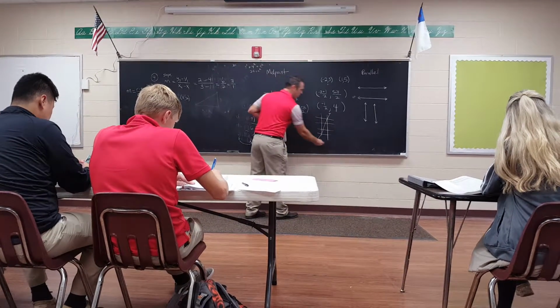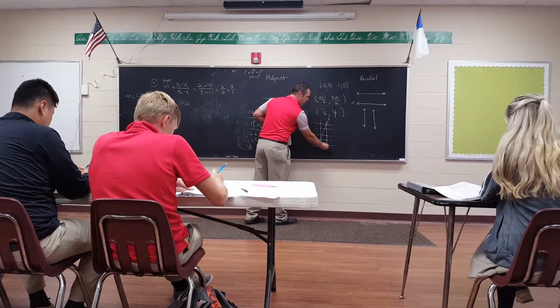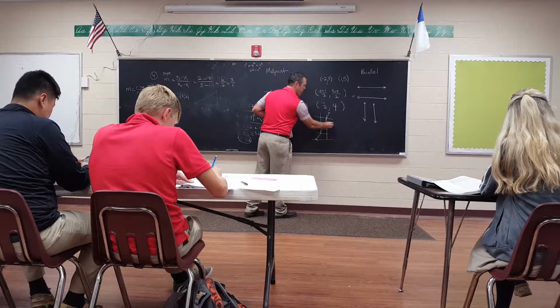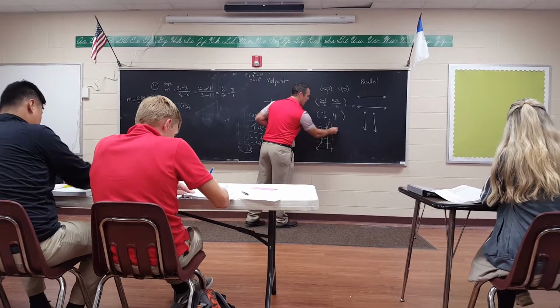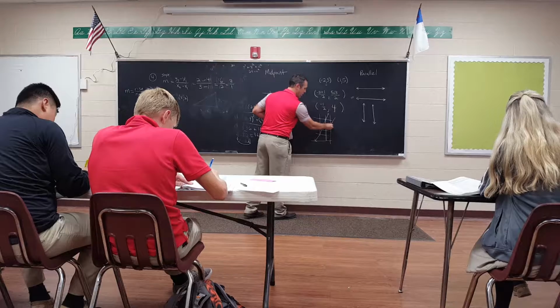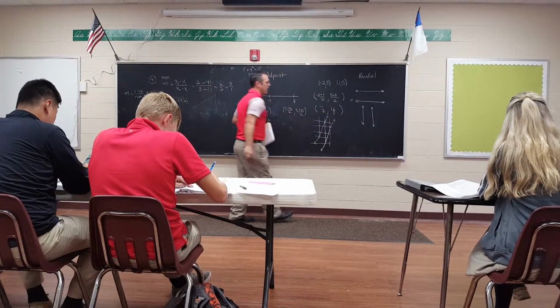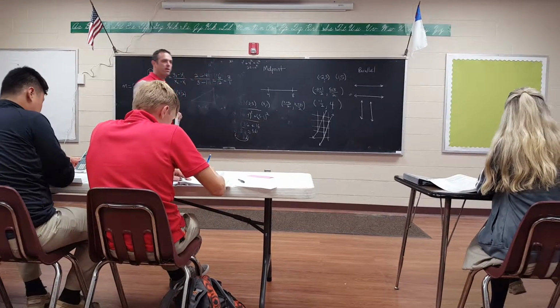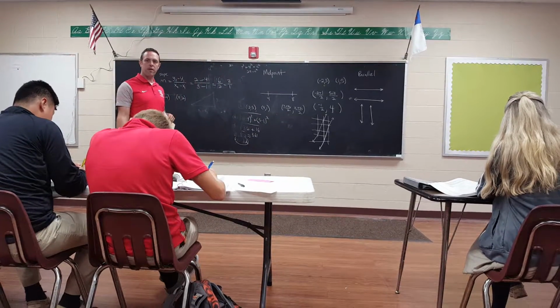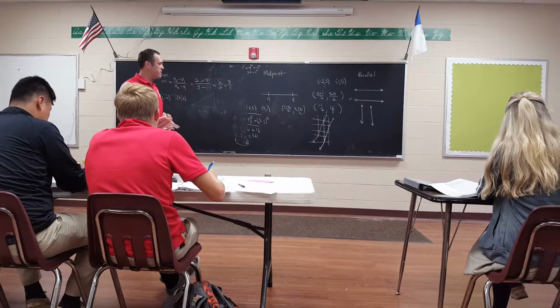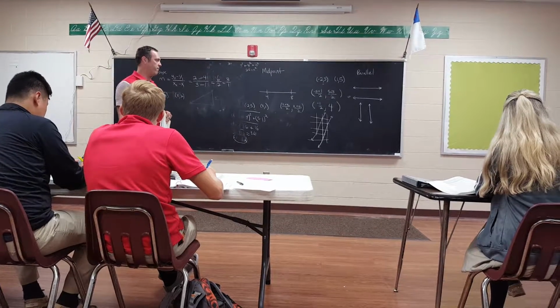If I drew over here, if I went up 1, 2, 3 over 1, now my line's not perfectly proportional, but if they both had a slope of 3, they would be slanting the same direction, wouldn't they? Okay, so if their slopes are the same, they are parallel.